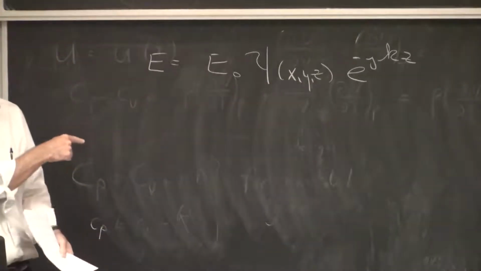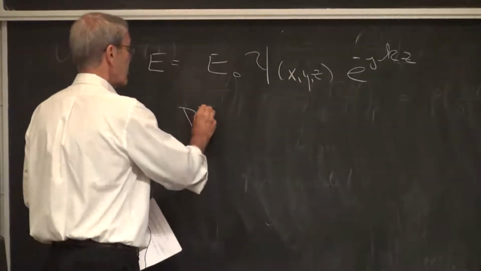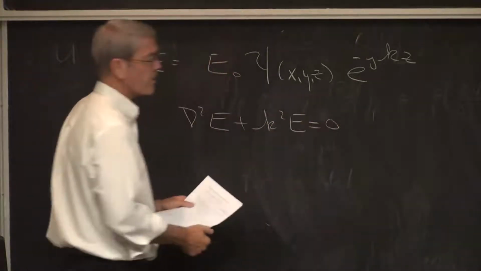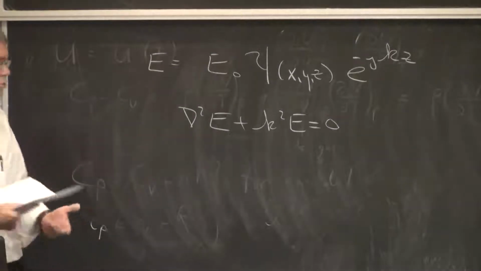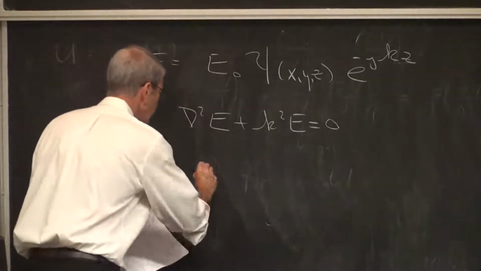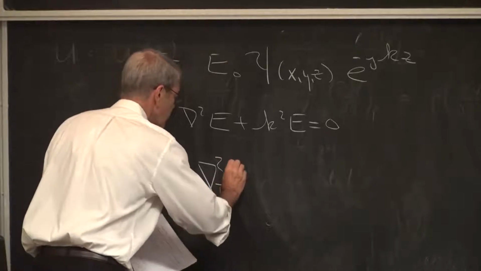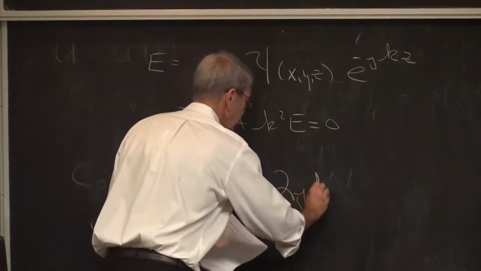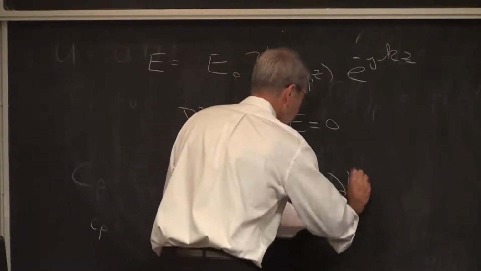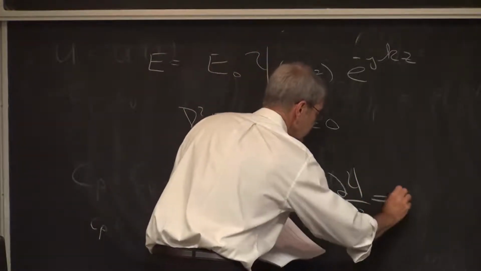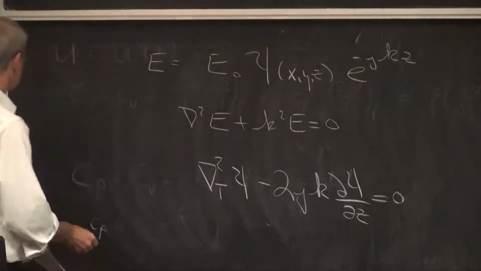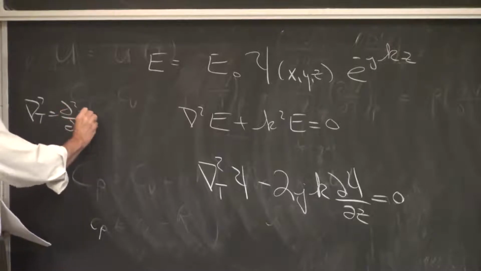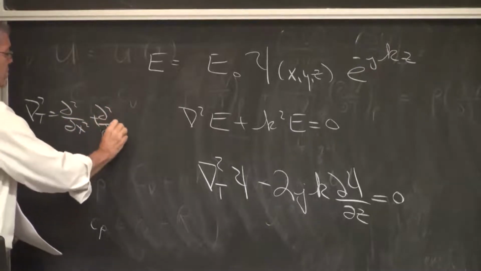So we plug that into the wave equation, del squared E plus k squared E equals 0. We took out all the redundant terms, and that took us to an equation of this form: del squared transverse psi minus 2jk d psi dz equals 0, where del squared transverse is just d squared dx squared plus d squared dy squared.